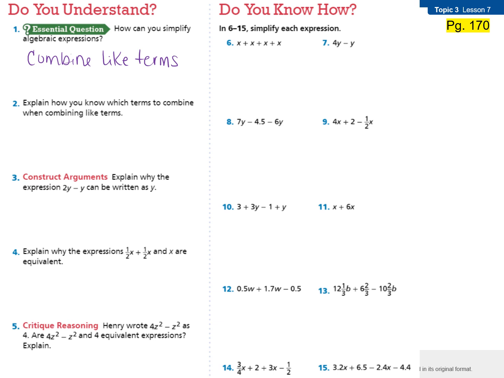When combining like terms, you combine the terms that have the same variable. Okay, remember also, some of your terms may not have a variable. So also combine terms with no variable.